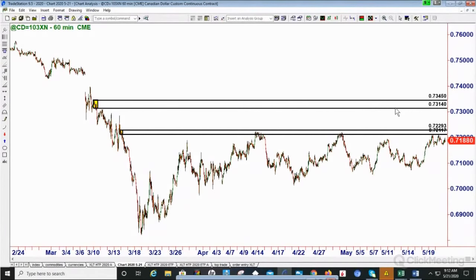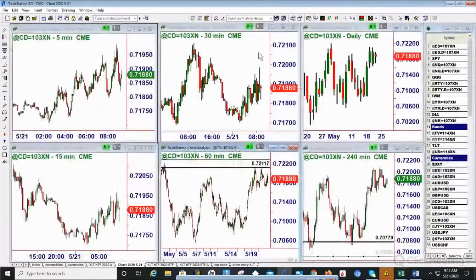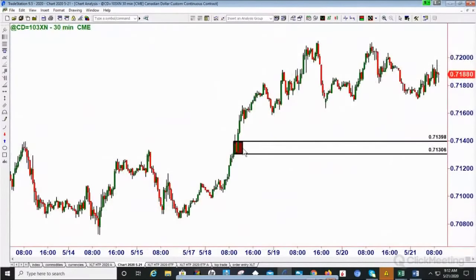Above current price, you can see the next area is coming in on the supply side 73.14 to 73.45. And this area you can see will be a brown area of demand because of the range that it's been in for quite some time. And that zone's coming in at 71.39, 71.30.